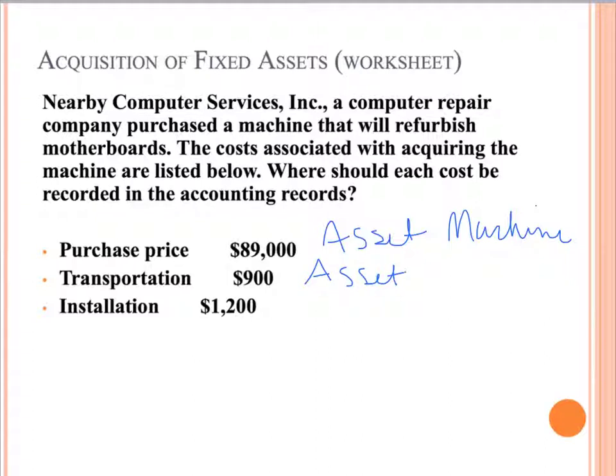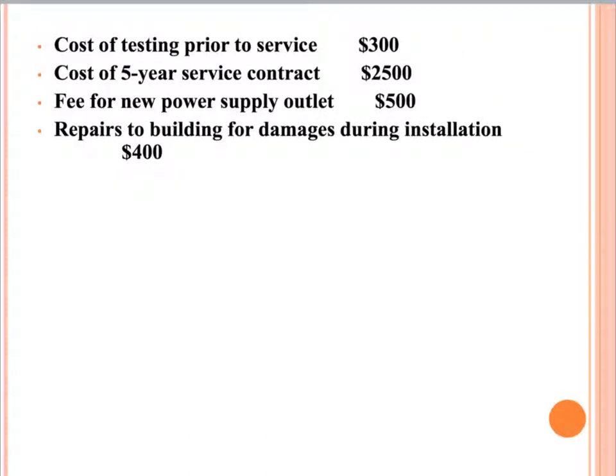Installation, that becomes part of the asset. So those would all be debits to machine. Cost of testing prior to service. Yes, this is getting our asset ready for use. So that's going to go to the asset machine, debit.